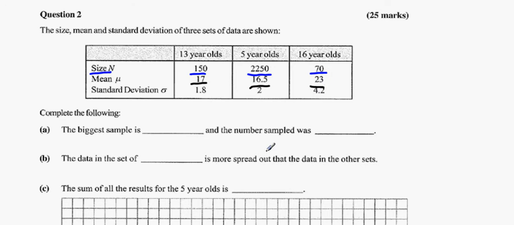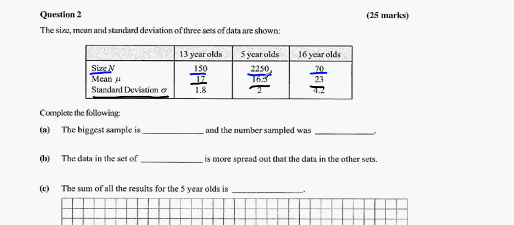The standard deviation, which refers to how close the results are together, or the competitiveness of the results. So we can see that the lower standard deviation means more competitive, as in the results were less spread out. So the 13-year-olds were the most competitive, or the least spread out.